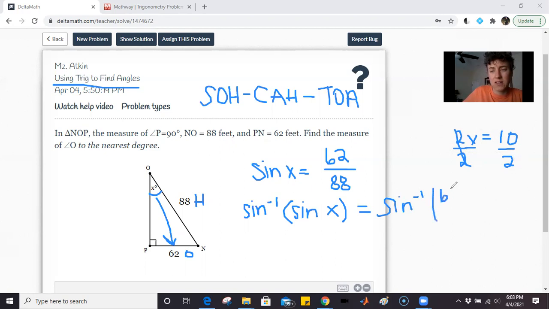So we're going to do the inverse sine on both sides: inverse sine of 62 over 88. Again, just like those 2's canceled out, this cancels out the sine here. So we have x is equal to the inverse sine of 62 over 88, and we're going to plug that into a calculator that can do inverse trig functions.